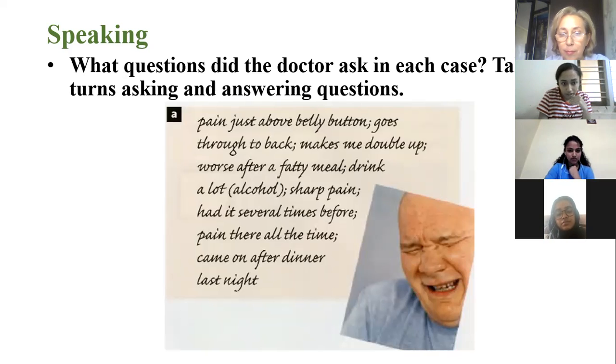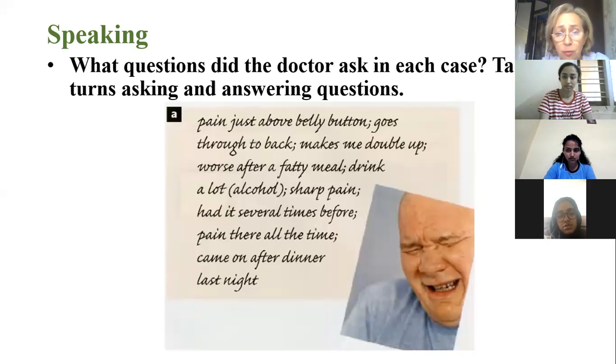It came on after dinner last night. Okay. Now could you tell me about the severity of the pain on the scale of 1 to 10? It has made me double up. Okay. Thank you.